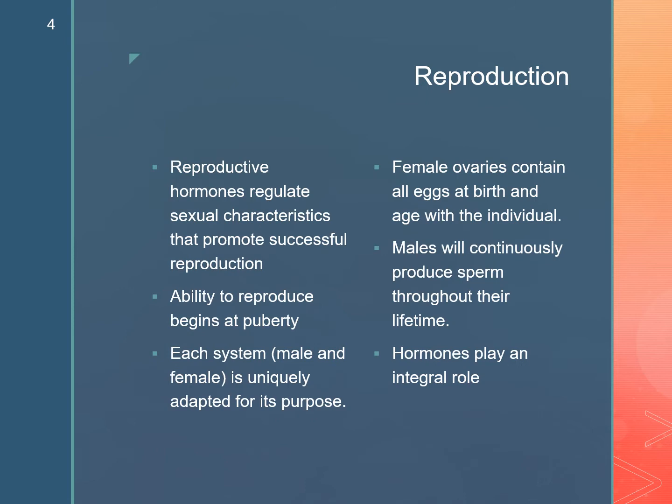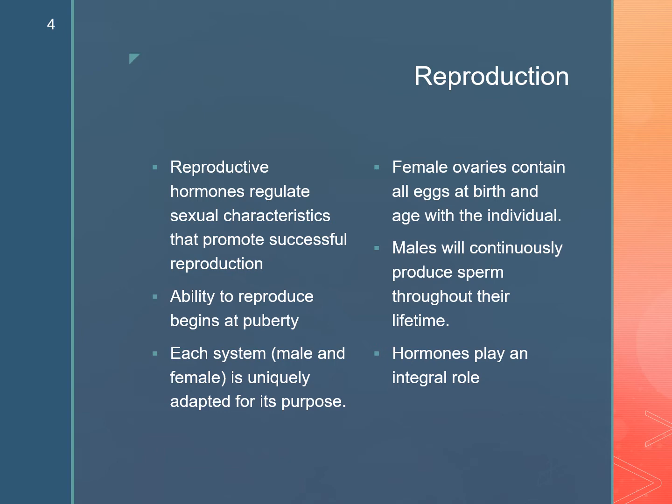I think it is fair to say that any organism on our planet has the goal of reproduction, and the human species is no different. So where does that urge to reproduce come from? Well, in the human species, it comes from hormones, and these hormones initiate something called puberty.